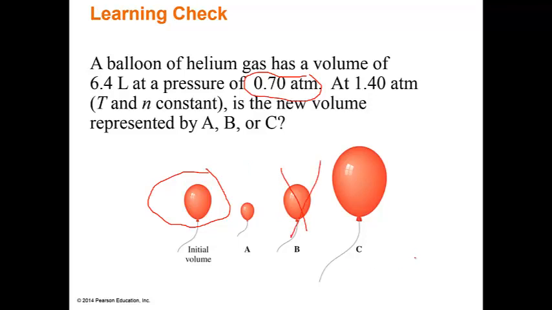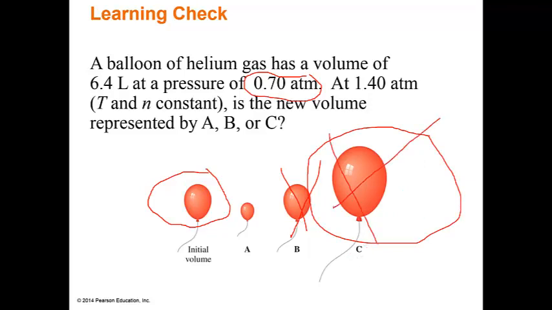We know that pressure is increased, and it's doubled. It's the same amount of helium gas in there, but the pressure is doubled. Well, the volume's not going to get bigger, is it? That wouldn't make any sense, because that would mean that the pressure is decreasing.